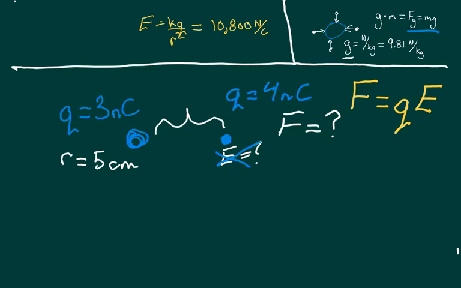The only step we need to make now to go from where we were with the electric field is to multiply it by this new value Q to determine the electric force that that particle would experience. So let's go ahead and do that. I'll grab my calculator and we'll calculate the electric force.